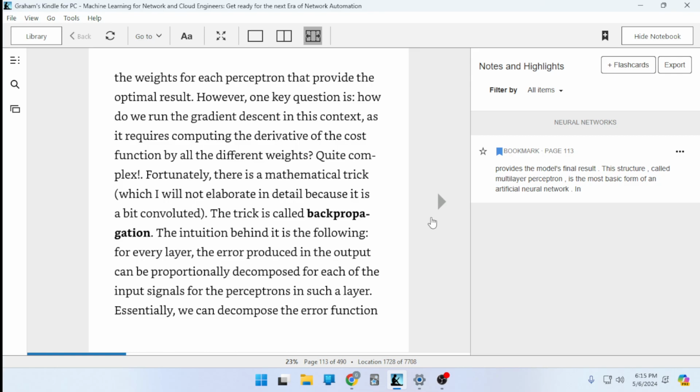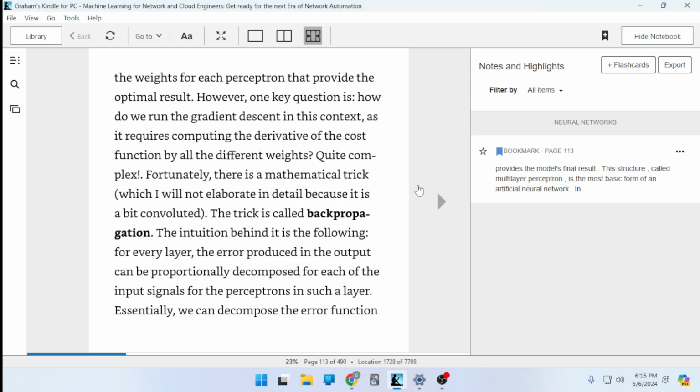Quite complex. Fortunately, there is a mathematical trick which I will not elaborate in detail because it is a bit convoluted. The trick is called backpropagation. The intuition behind it is the following. For every layer, the error produced in the output can be proportionally decomposed for each of the input signals for the perceptrons in such a layer.